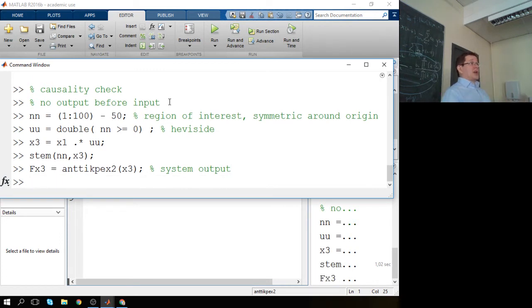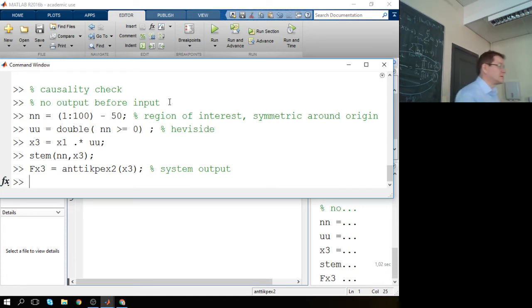And next we check if those values where n is less than 0 are actually also 0. We can check it also with the norm, which gives us one single number saying if the vector was 0 or not. If there's anything which is non-zero, it would end up as non-zero in the norm calculation.